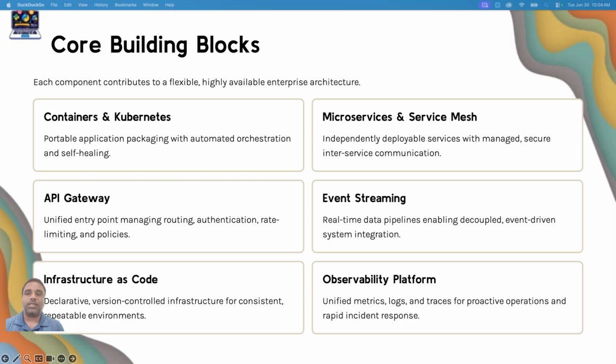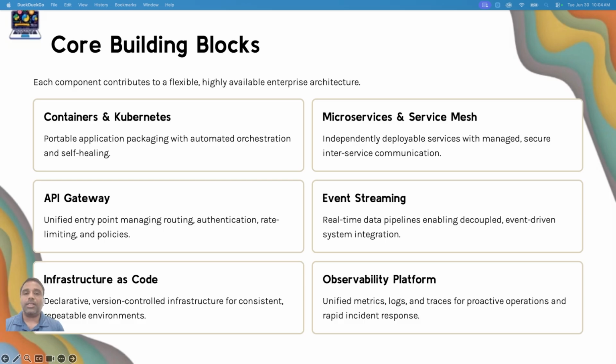The third one is the API gateway. You have a unified entry point for managing routing, authentication, rate limiting, and policies. The fourth one is event streaming, where you have real-time data pipelines built for enabling decoupled, event-driven system integration.